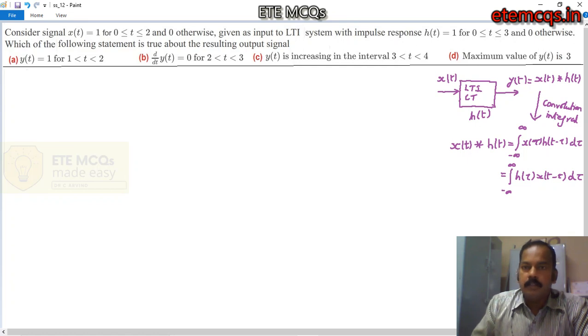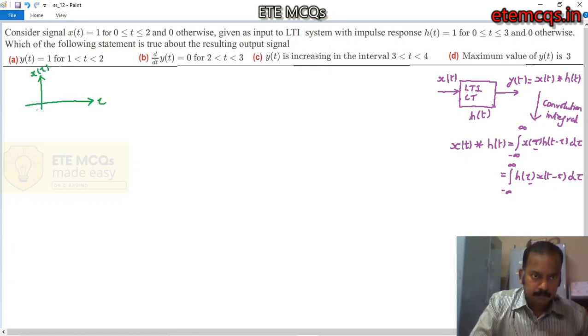Now we need to perform convolution between x of tau and h of tau, because tau is used as a dummy variable. So instead of x of t and h of t, we will represent them as x of tau and h of tau. For x of tau, the time axis is 0, 1, 2, 3, 4, and so on, and the amplitude is 1.